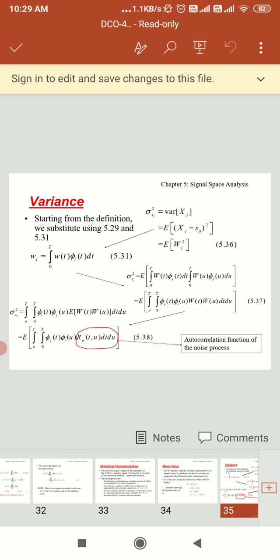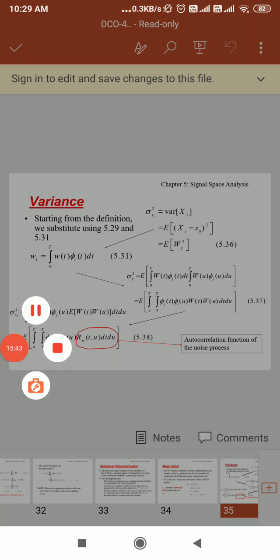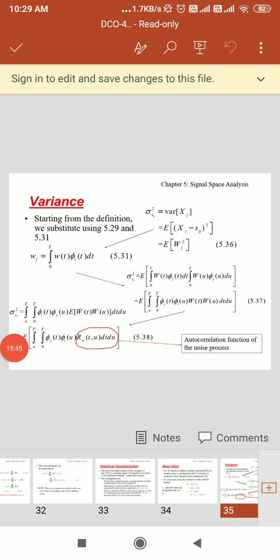If you solve, you will get that the variance depends on the autocorrelation function of the noise process, as in equation 5.38: sigma xj square equal to E of the double integration 0 to T phi j of t phi j of u RW of t comma u dt du.